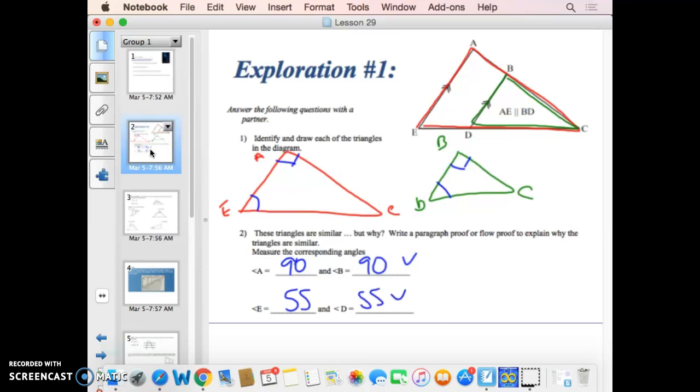And since we have two angles, well, obviously C will also be congruent just because of the reflexive property. Okay, so since I know all three angles are equal, I know that this is going to be similar. I can't use it to prove they're congruent, but I can use the angles theorem to prove that they are similar. And I'm not going to do a flow proof, I'm just going to leave it there.